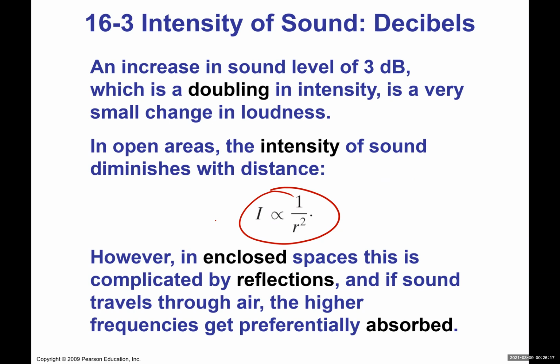Obviously we're assuming an open space where the sound can propagate in every direction, so the energy that is generated radiates in every direction. In a closed space, however, it's harder to keep track of because of the reflections.